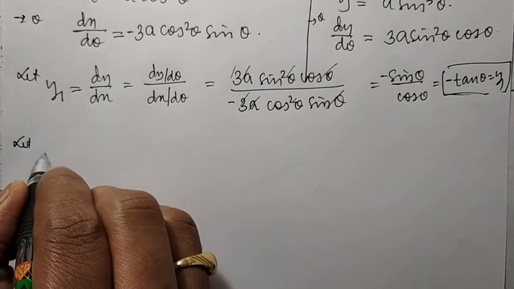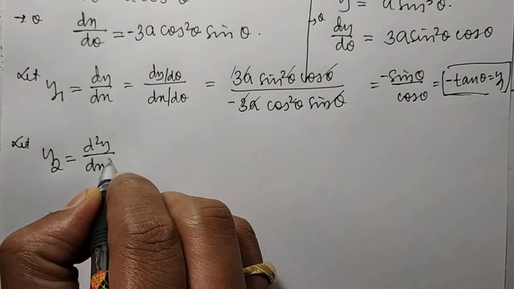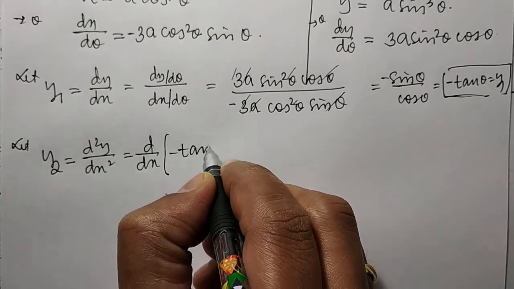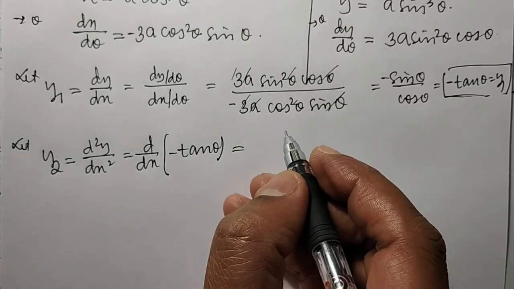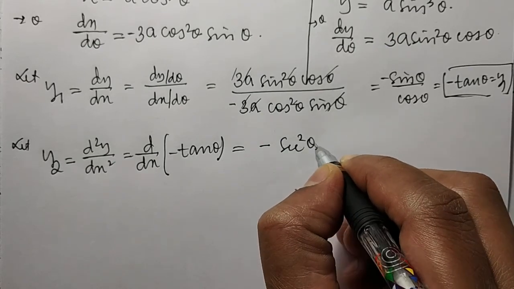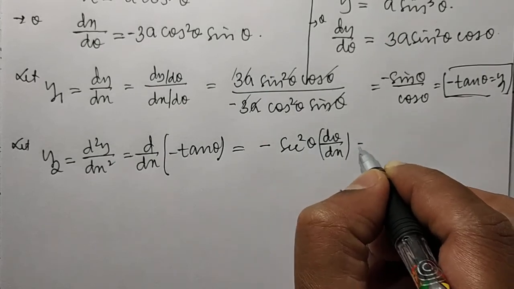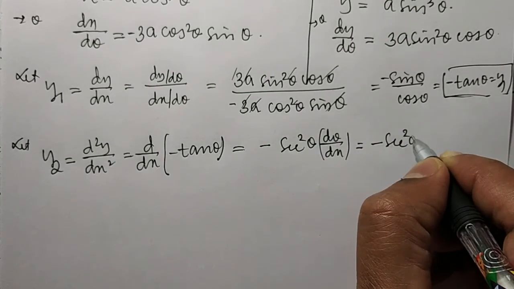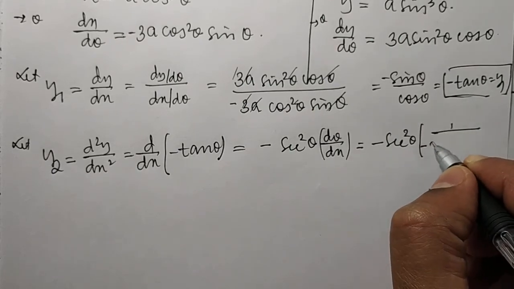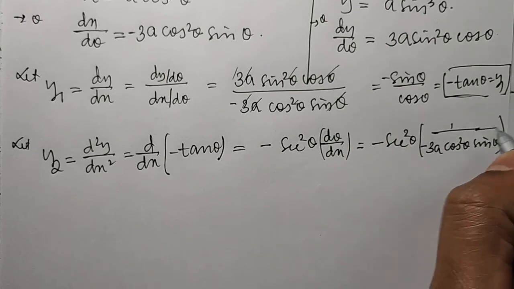Therefore, let us take y2. y2 is d square y by dx square, which is d by dx of minus tan theta. Differentiation of minus tan theta is minus sec square theta, and differentiation of theta is d theta by dx, which is 1 divided by minus 3a cos square theta sine theta.